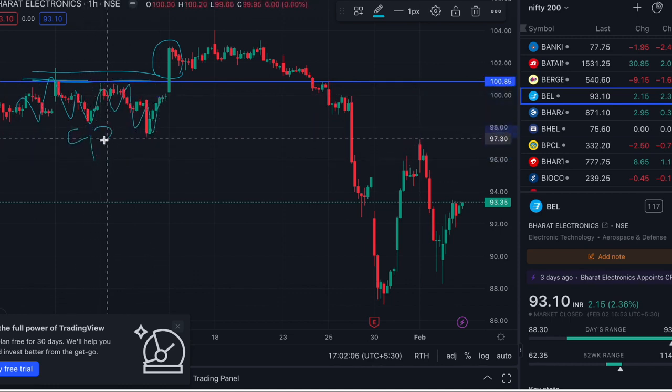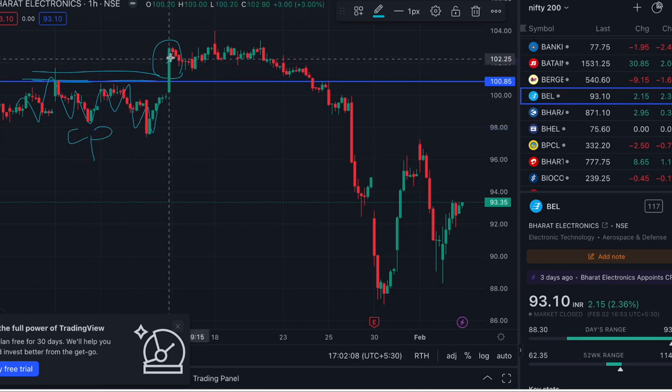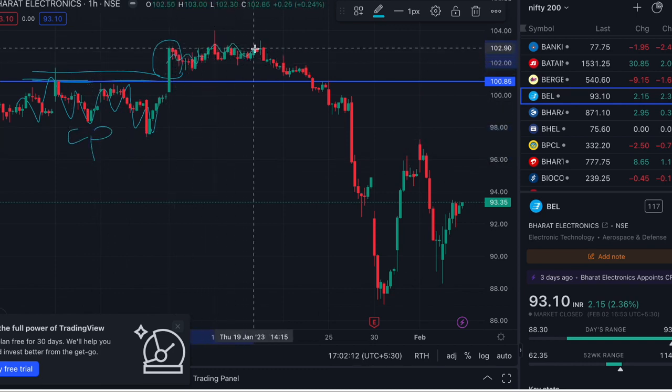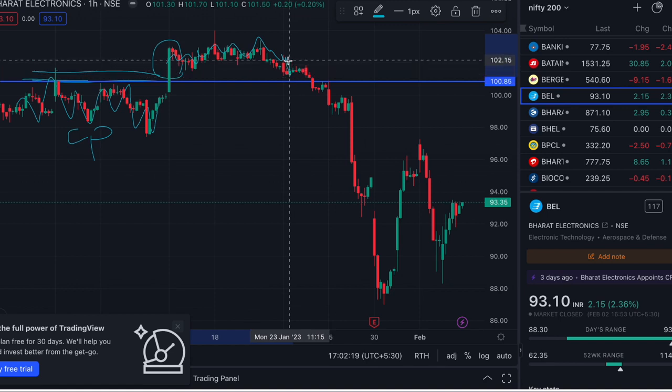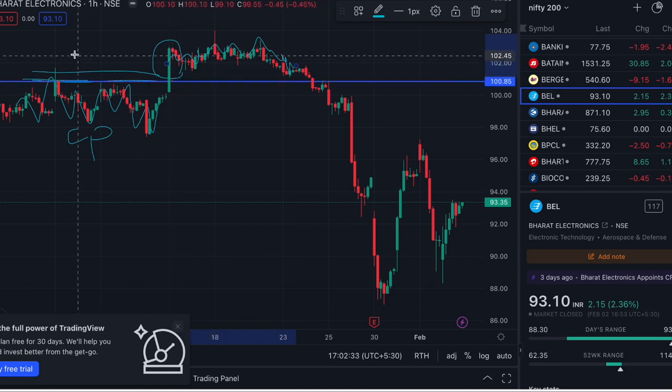Two of the conditions are met, but is the third condition met? Yes, in this scenario the third condition is true, because for quite some time the price sustained above this particular level. So this is a level break, and we are going to mark this horizontal line over here where it broke.